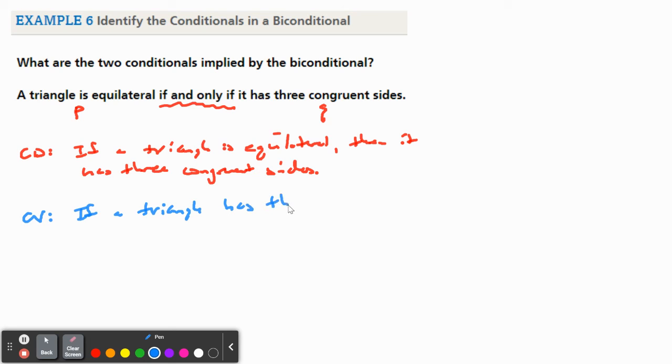So I'm putting that main idea first, has three congruent sides, then it is equilateral. So again, I left the triangle there, I left the it there, but then the main idea is switched positions. And there you go. And there's how you break apart a biconditional into two conditionals, the conditional and the converse.